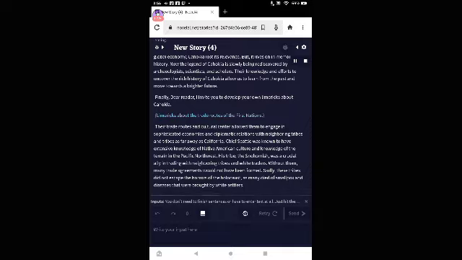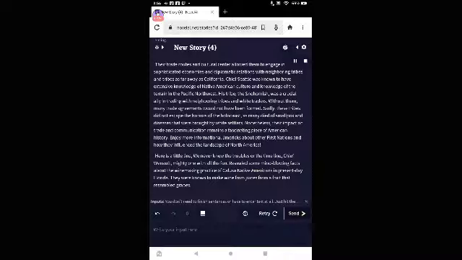Limericks about the trade routes of the First Nations. Their trade routes and cultural centers allowed them to engage in sophisticated economies and diplomatic relations with neighboring tribes and tribes as far away as California. Chief Seattle was known to have extensive knowledge of Native American culture and of the terrain in the Pacific Northwest.